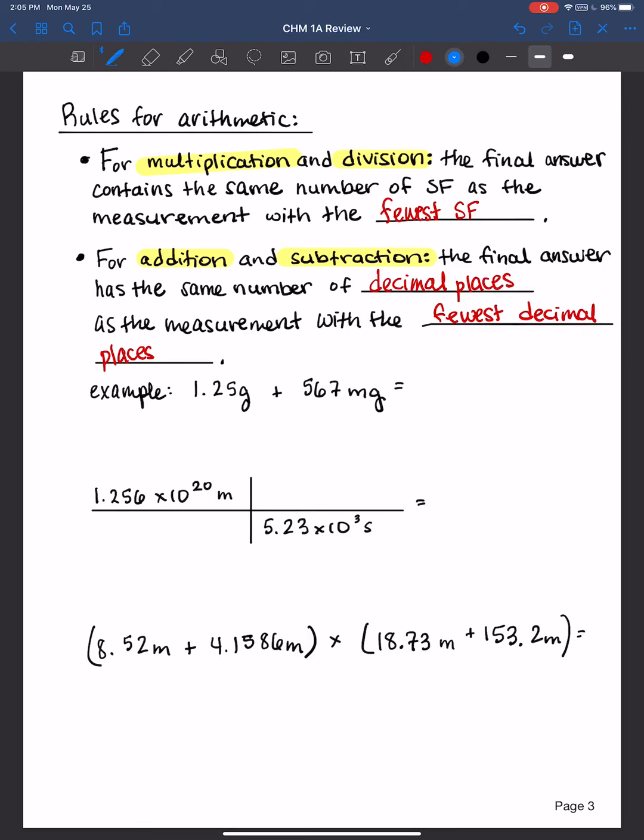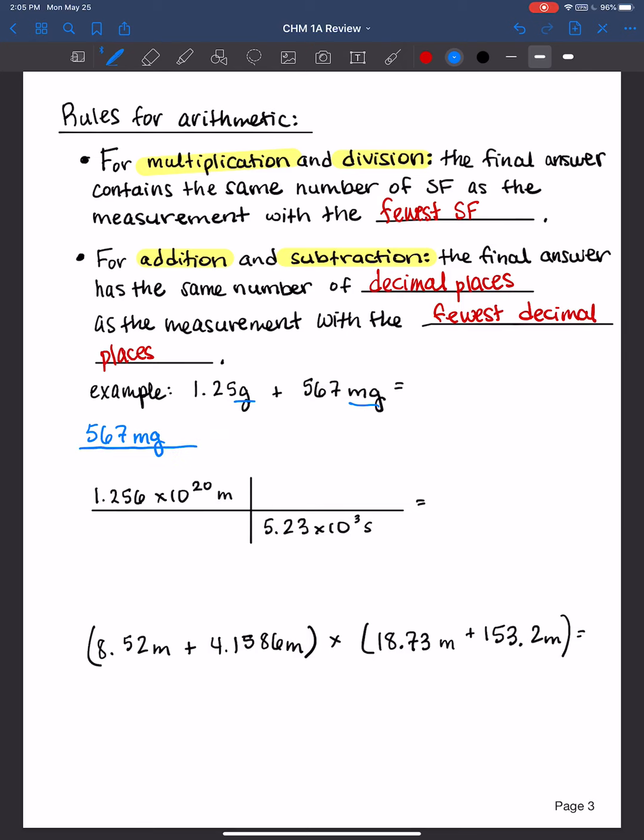For example, if you have 1.25 grams plus 567 milligrams, and you're adding these together, remember when you add or subtract, make sure you're in the same units. Right now we're in milligrams, and I didn't tell you what the final answer unit should be, so let's just say they will be in grams. So you have 567 milligrams. I'm going to convert that to grams.